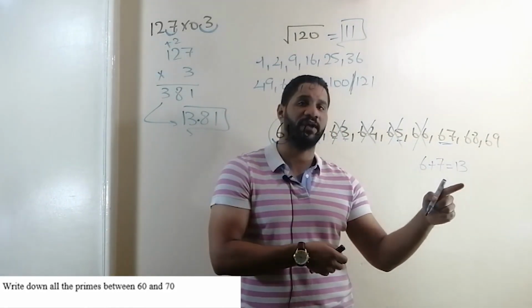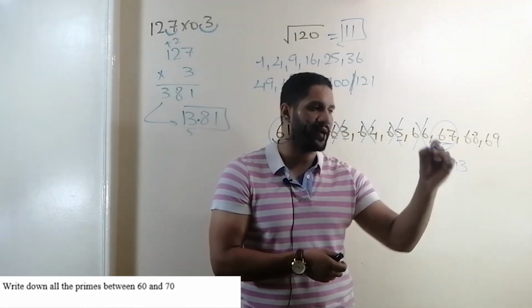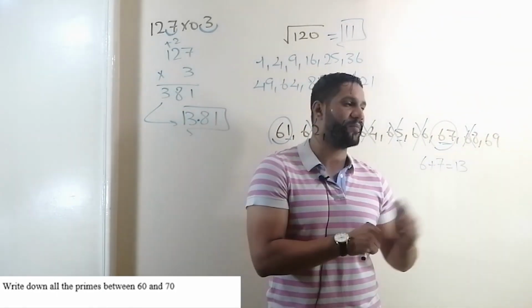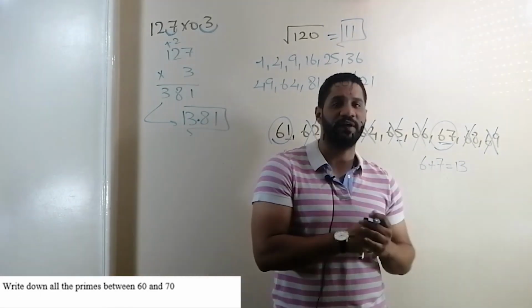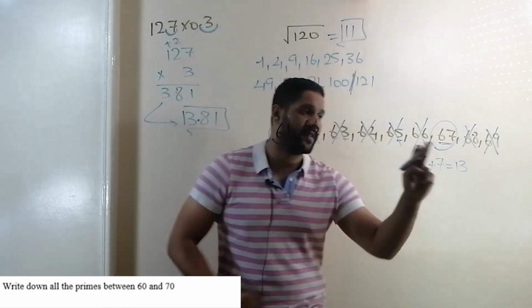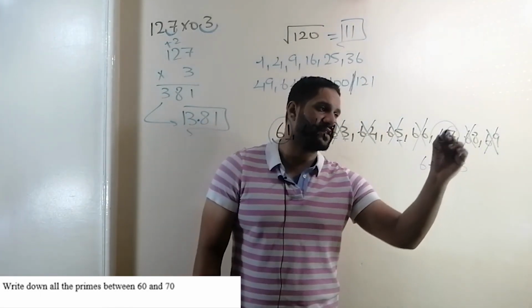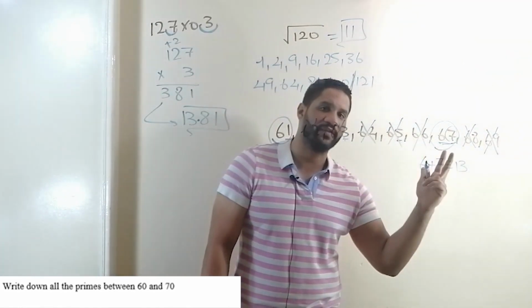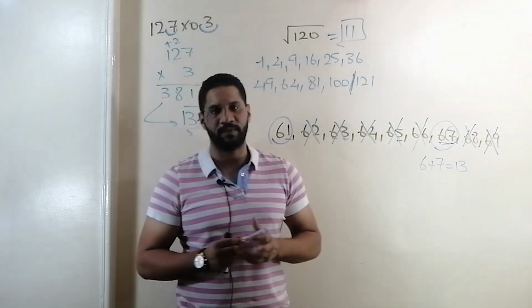Is 13 divisible by 3? No. So it's a prime number. What about 68? Even, not prime. 69, divisible by 3, not prime. But this 67 is not even, not ending in 0 or 5, and not divisible by 3, so it's a prime number.